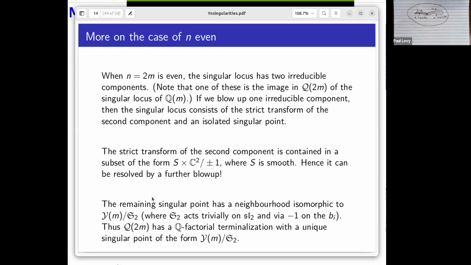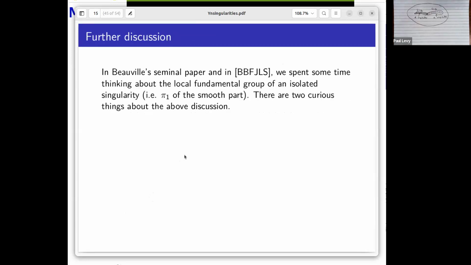And so I think it suggests that the local fundamental group and the Q factorial terminalization are two very different things. The classification by the minimal model program and these Q factorial terminalizations doesn't necessarily have much to do with fundamental group.